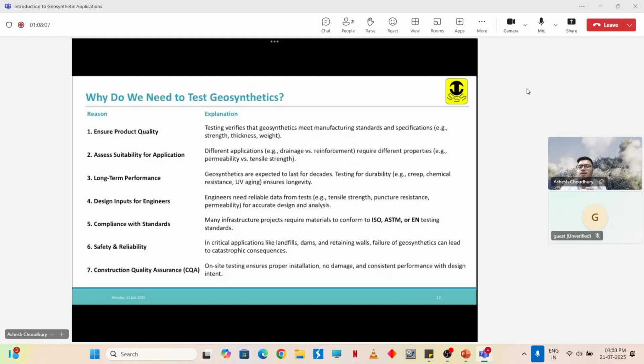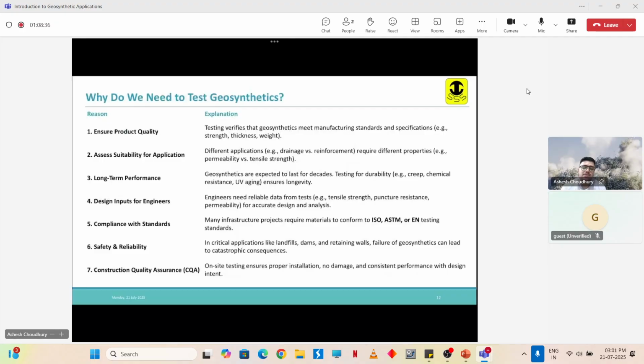Then you have to check the long-term performance. Geosynthetics keep being placed on the site, and are acted upon by sun, rain, wind, everything, right? So you need to check whether they are durable enough or not. For that, there are also various tests: the creep test, chemical resistance, UV aging, and all those things. You need to ensure that it will maintain proper longevity. So that also you have to check.